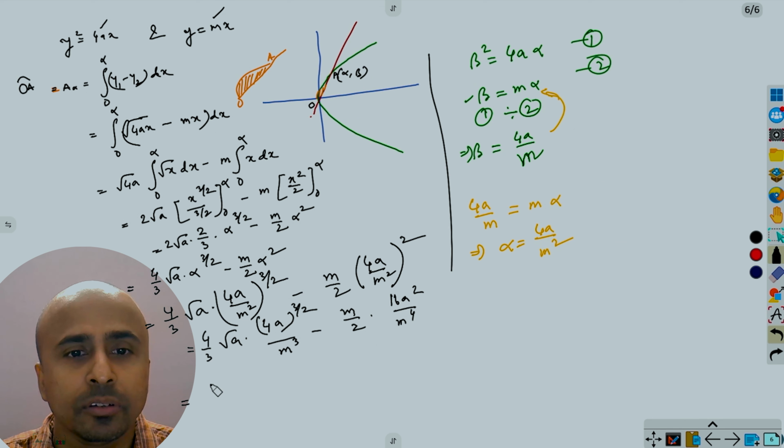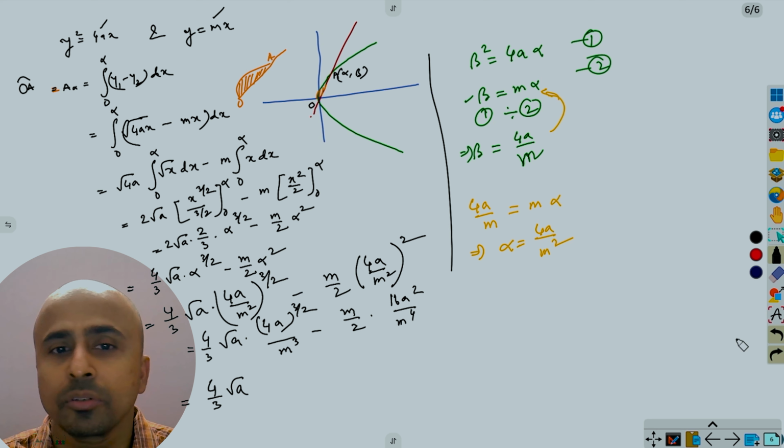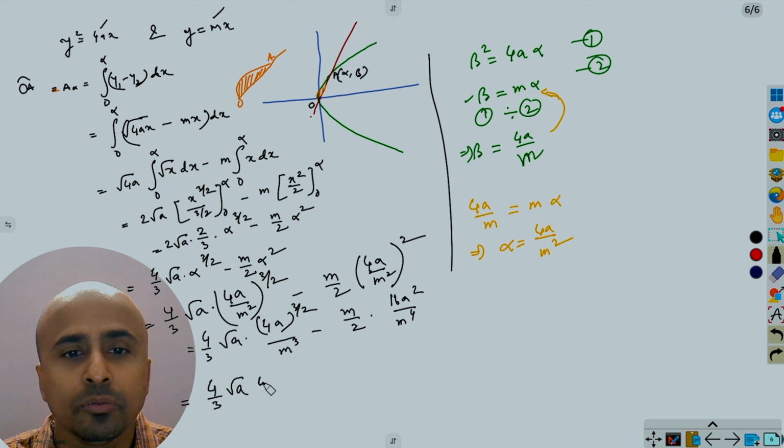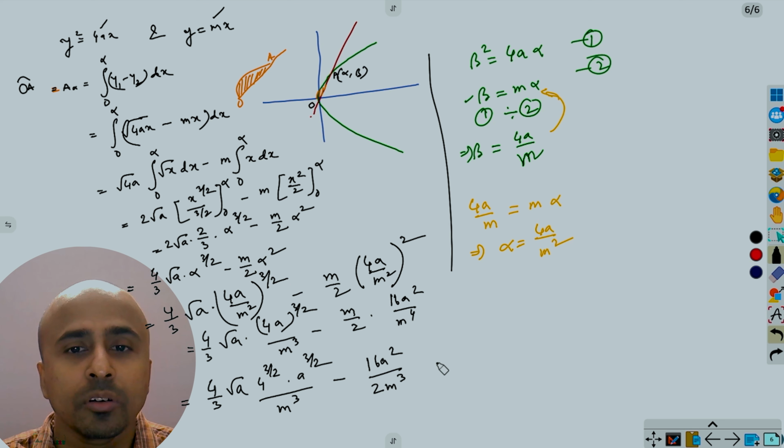Simplify this: 4 by 3 square root of a, times 4 to the 3 by 2 by m cube, minus 16 a square by 2 m cube.